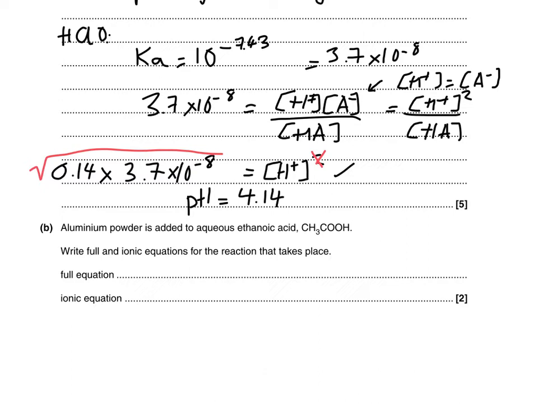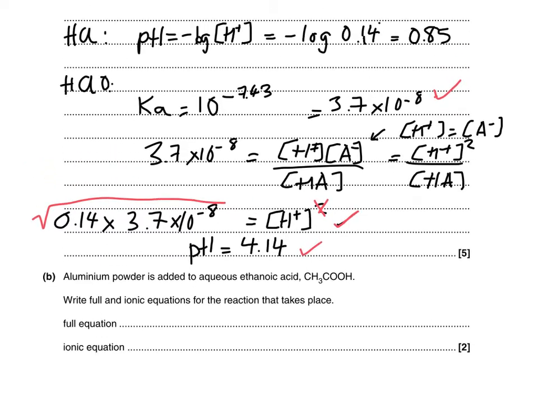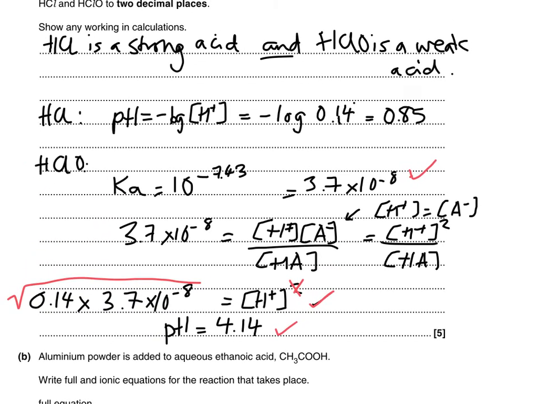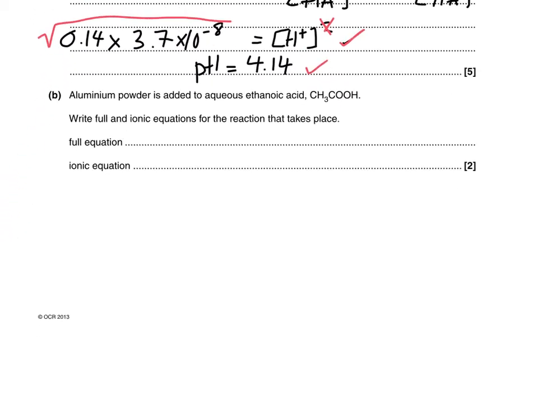You'll only get 1 mark from that instead of a mark from here as well. So we have 1 mark here, 1 mark down here, 1 mark here, 1 mark from the differences, and 1 mark for the pH for the strong acid. Total of 5.